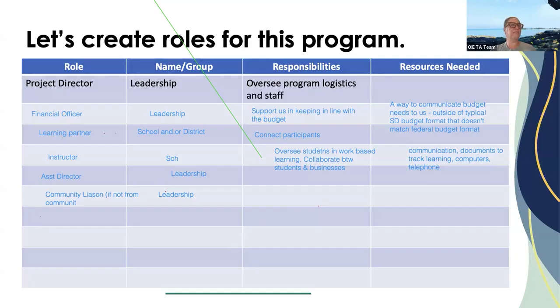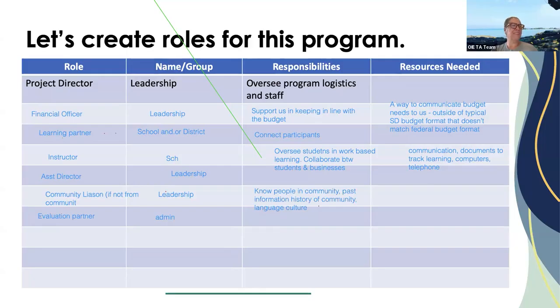Awesome. Okay, thanks for sharing. We're going to move on to the next screen. I see here Chelsea saying students. Yeah, students is good. That's an important role. And then I think that's Leslie putting on the screen evaluation partner. Yes, yes.